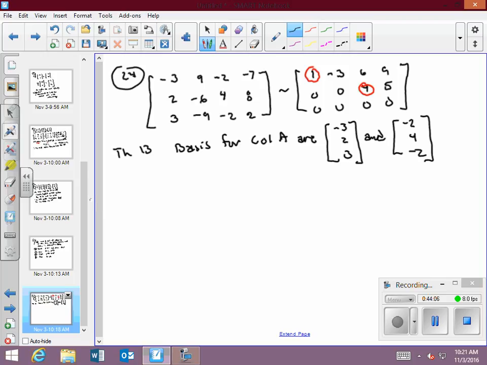And then they want to have the basis for null A. So what you have to do is take that thing, and we're going to have to go on from here. We have to go to reduced echelon form, -3, and let's see.